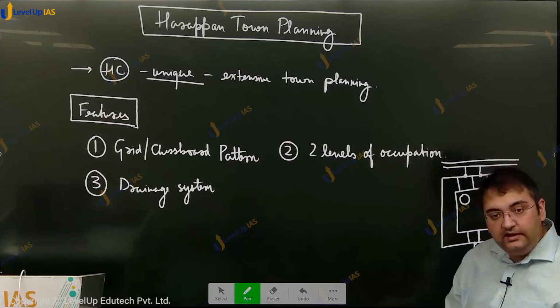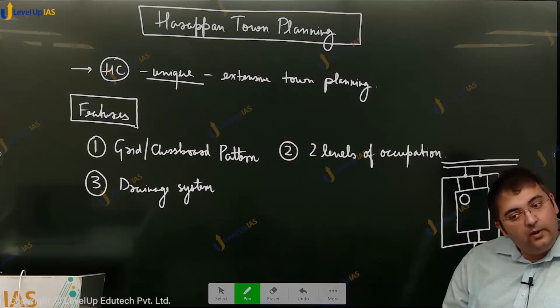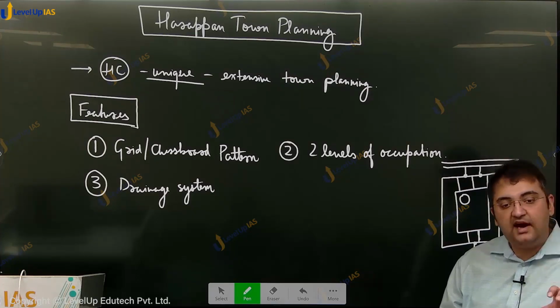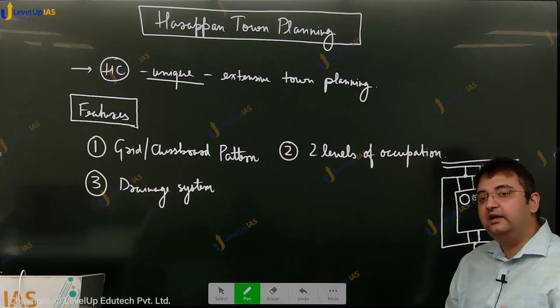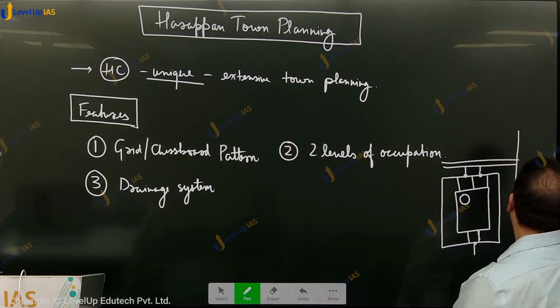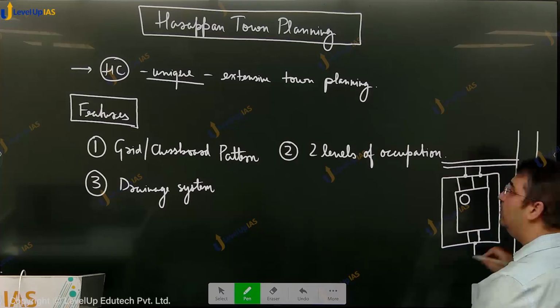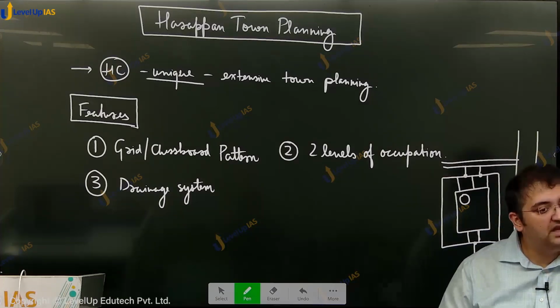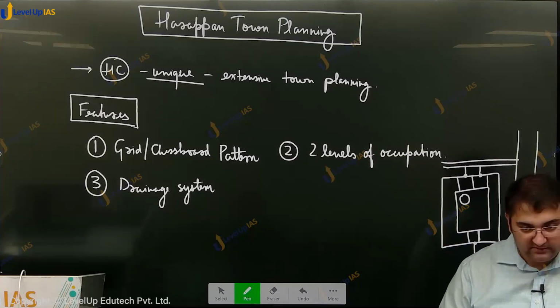And all these streets, all these drains were covered with tiles of terracotta with the manholes at regular intervals for cleaning and maintenance. Then these drains would further open into larger drains which were located in the middle of major thoroughfares or roadways. Okay?